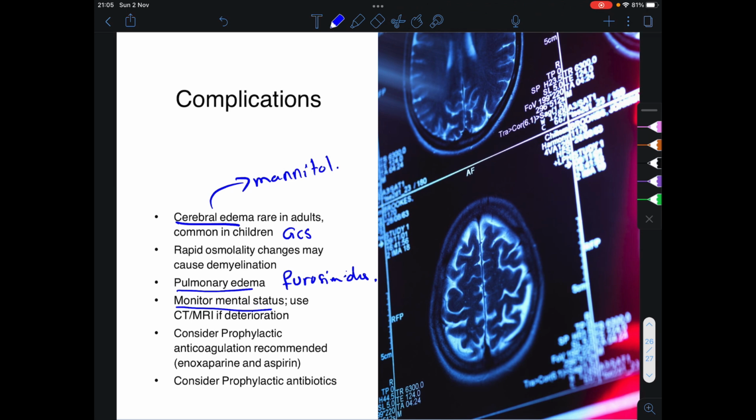Again, you always monitor the Glasgow Coma Scale. If there is any change in mental status, you send for a CT or MRI, and you consider prophylactic anticoagulation and prophylactic antibiotics.